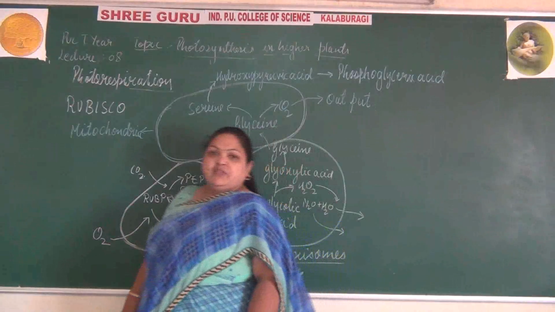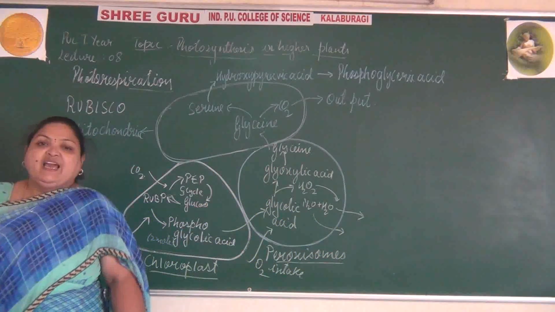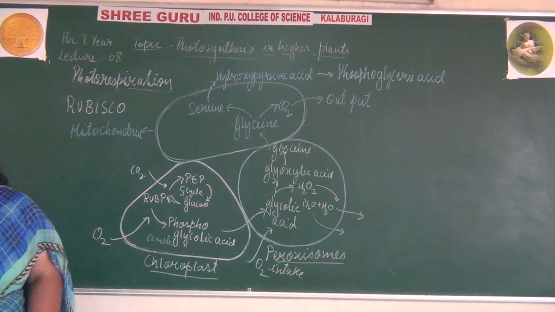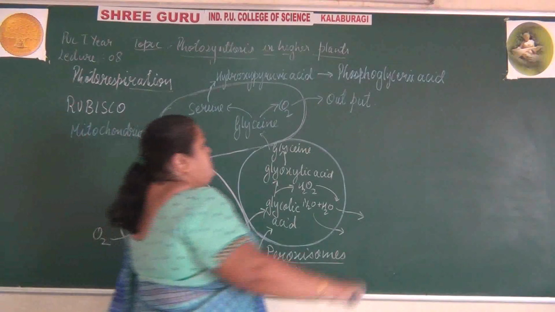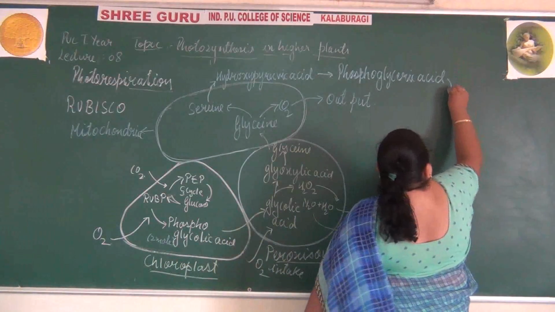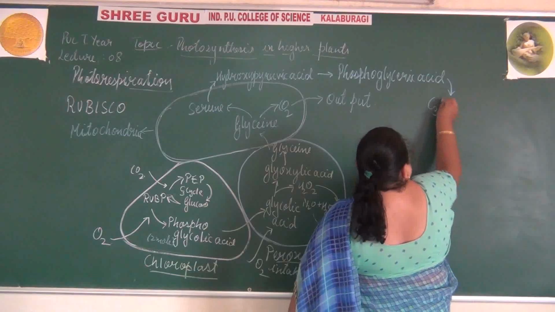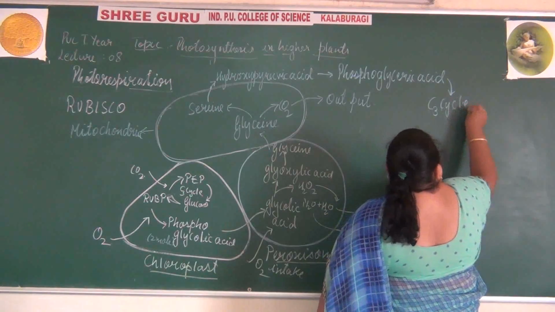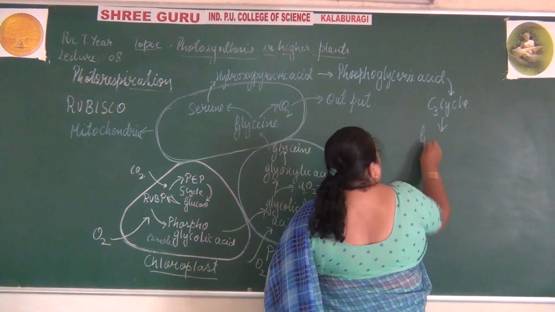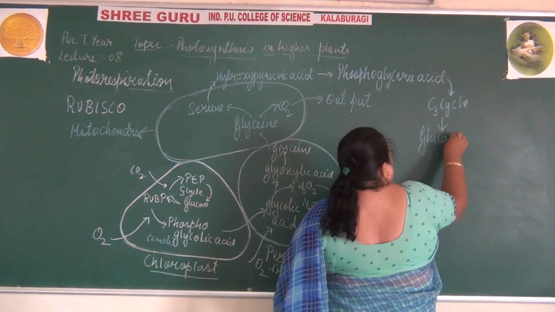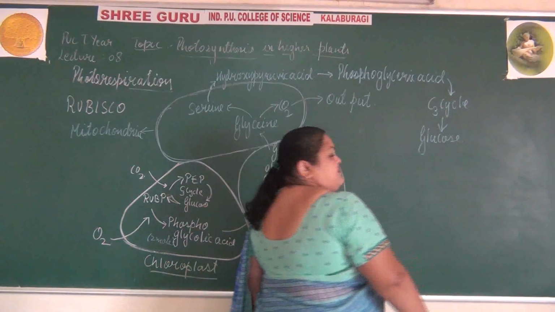You might be familiar with this one, phosphoglyceric acid, which enters into the C3 cycle, and this helps in the formation of glucose outside.